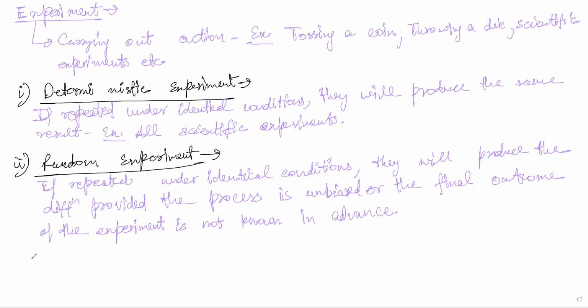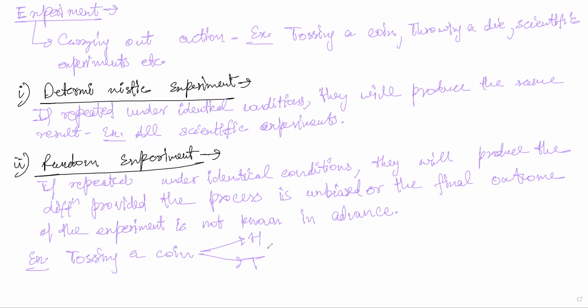और अब एक दो और चीजें समझते हैं रैंडम एक्सपेरिमेंट के बारे में. जैसे टॉसिंग अ कॉइन. तो मैं कॉइन को टॉस कर रहा हूँ, तो पॉसिबल आउटकम जो हो सकता है, या तो वो हेड हो सकता है या टेल हो सकता है, बट कौन सा आएगा आई डोंट नो. For now I don't know whether head will come or tail will come, but I do know what are the possible outcomes of the event.